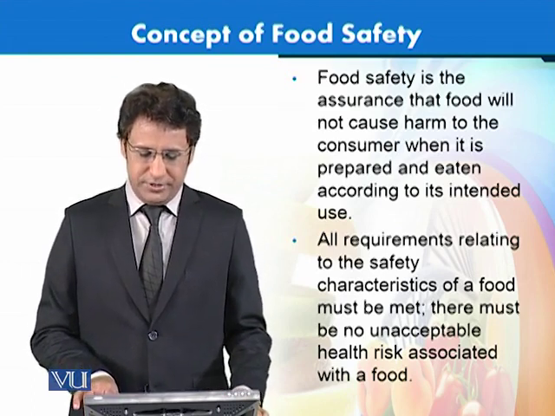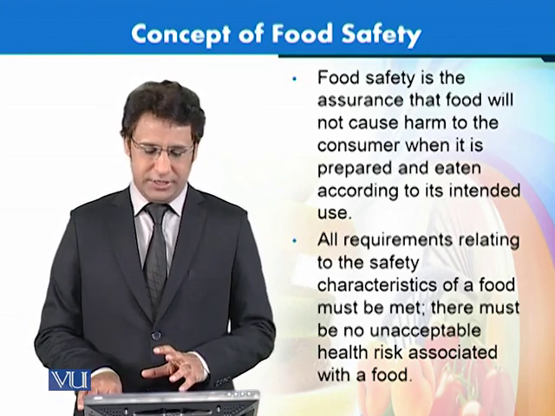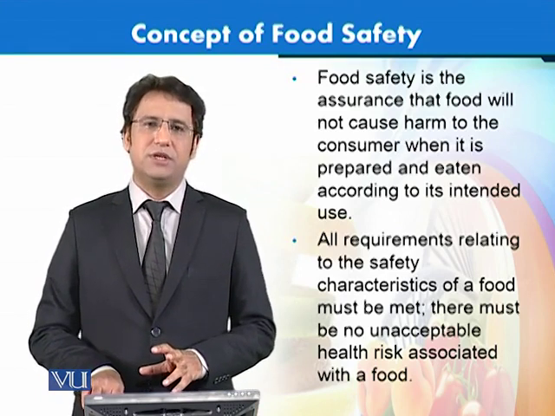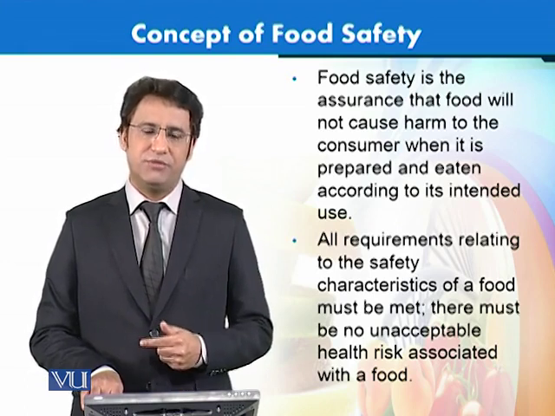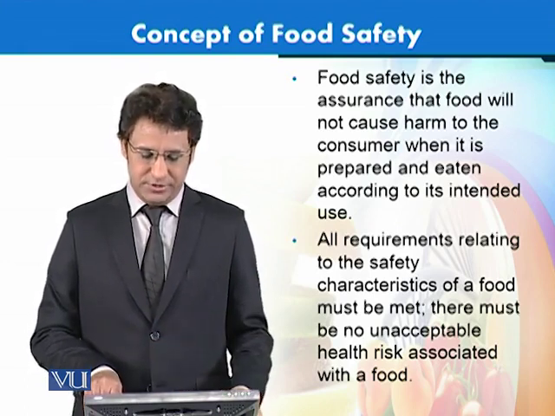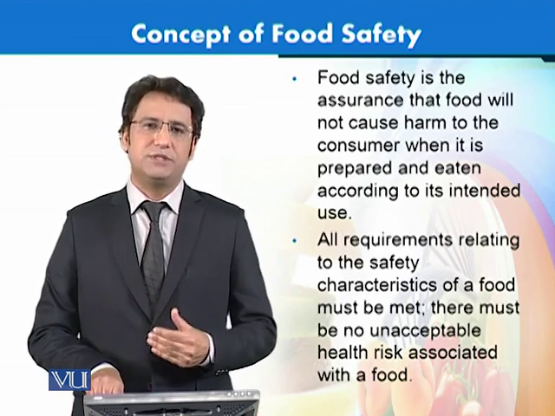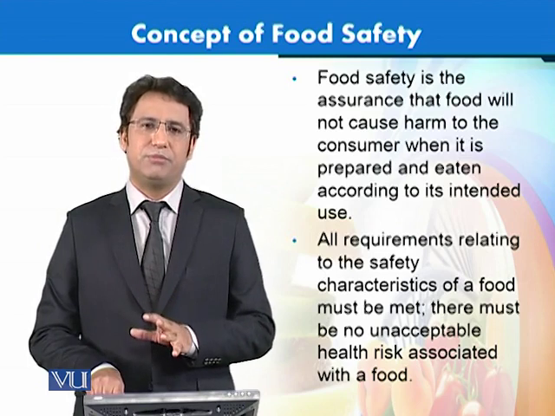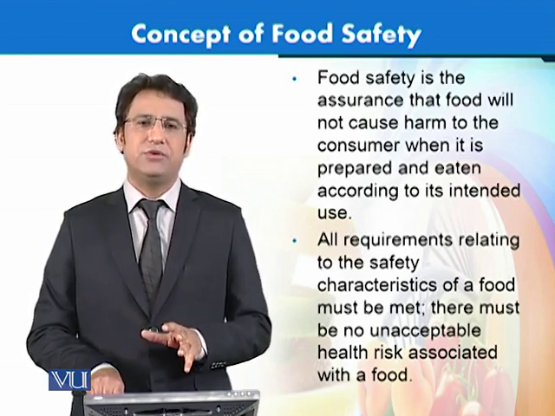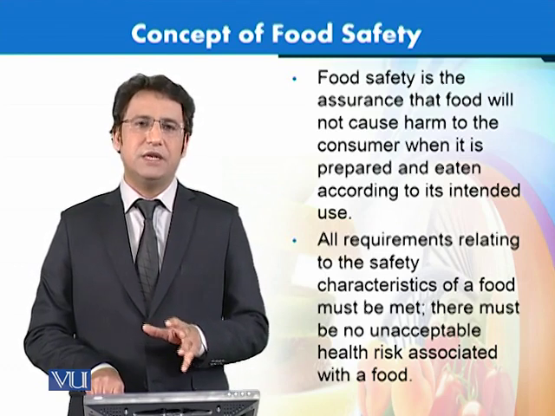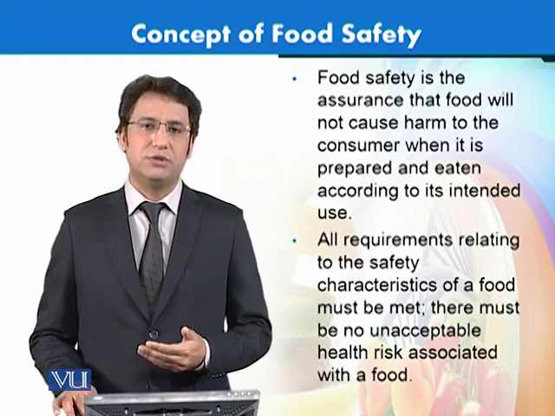So we have to look at the responsibility on the producer end, that they have to meet all the requirements related to safety of the food that have been set. They would be meeting all the requirements that make up a situation in which the food does not create any kind of hazard or any kind of illness or disease or any loss to human life when it is consumed according to the intended use.